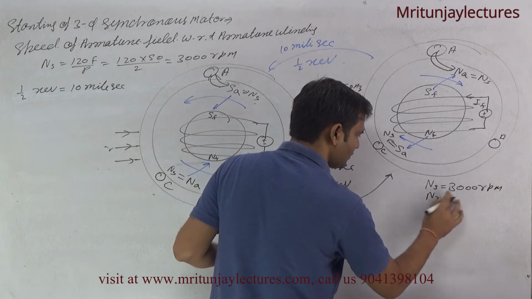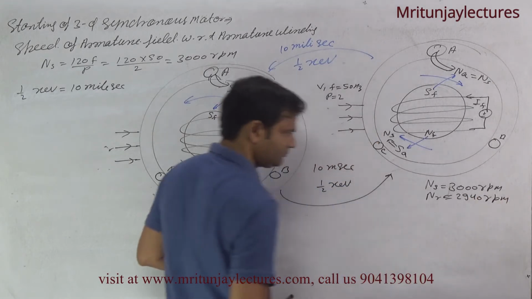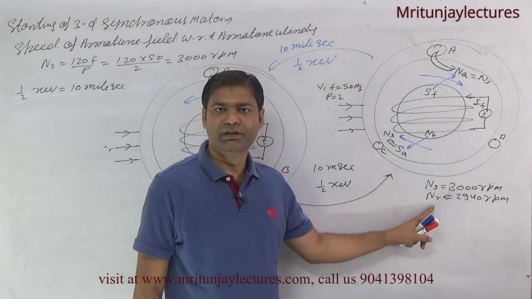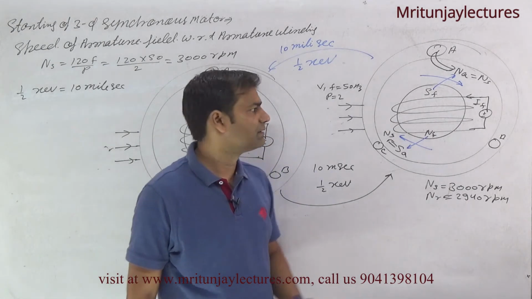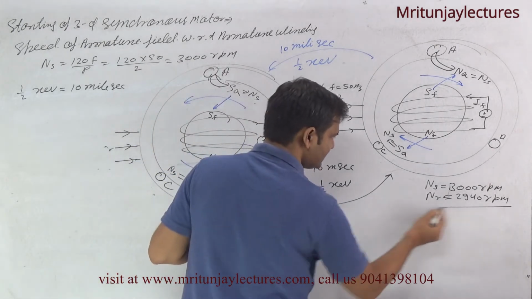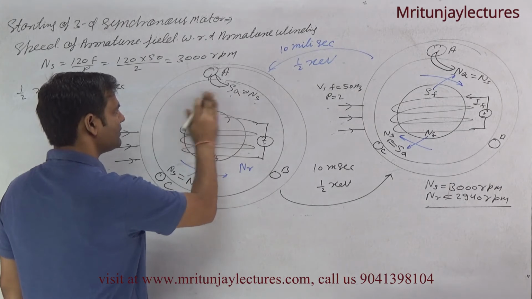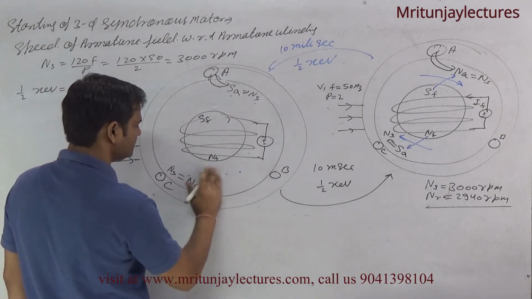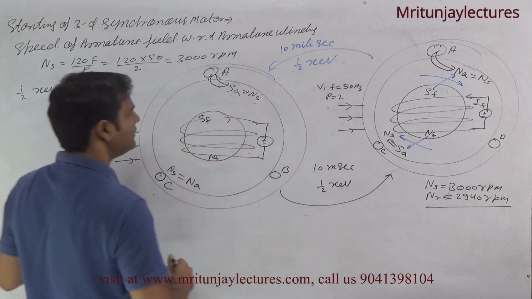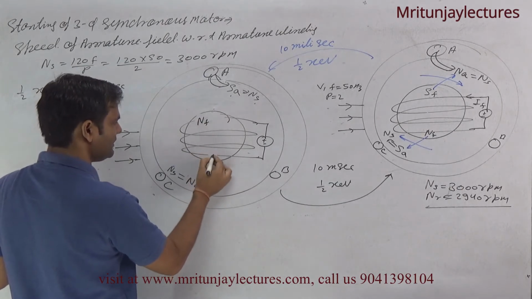If NR is closer to NS, like 2940 rpm, if by some external means the rotor rotates at this speed, then if the rotor starts at this speed, what about SF at that time? That is NF and that is SF.